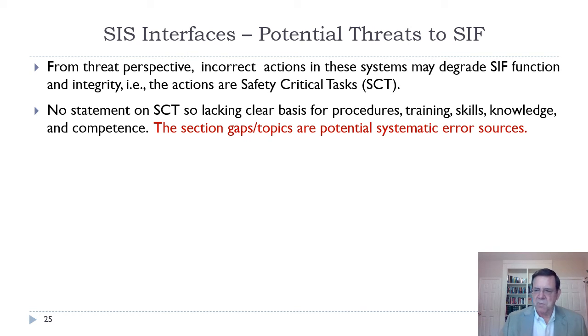So work within those boxes, say in asset management or safety critical tasks, right? Because a mistake in one of these boxes could change a function or change information that places the SIF in jeopardy. But this section really doesn't link into safety critical tasks or even into requirements for procedures, training, skills, and knowledge and competence. So people that don't really think about it don't think of that as a threat source.